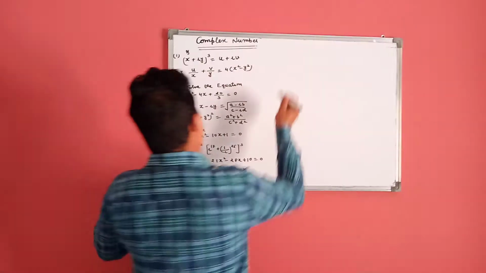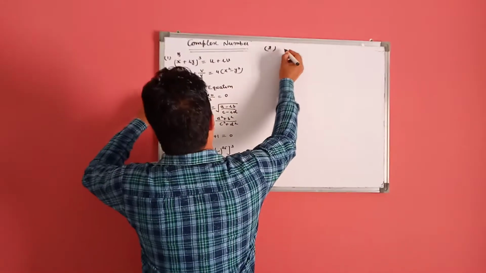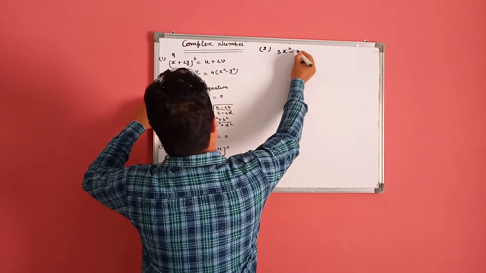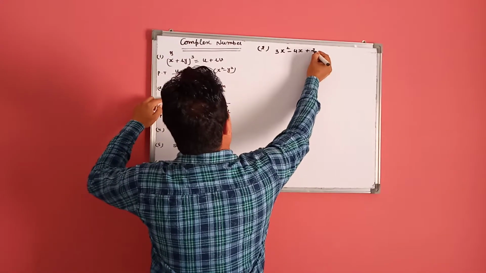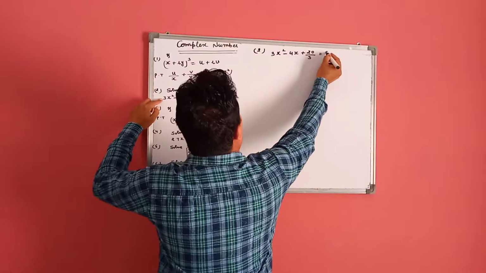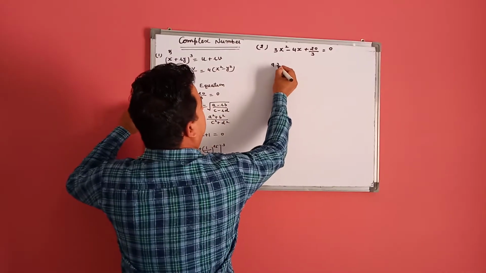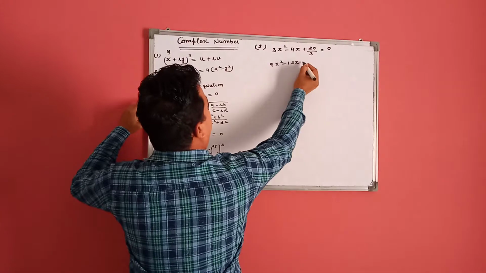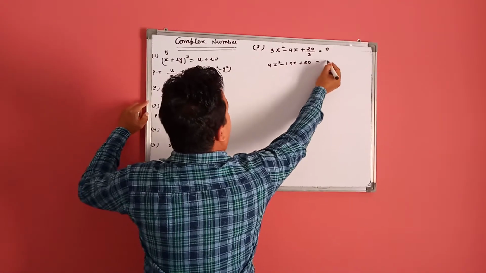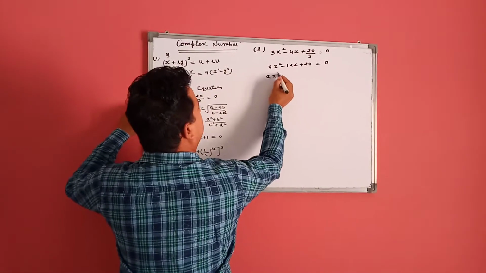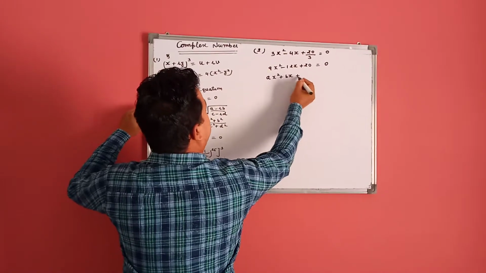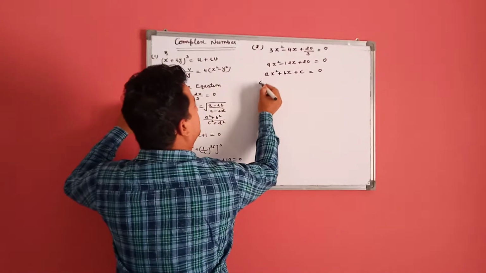The second question is: solve the quadratic equation 3x² − 4x + 20/3 = 0. Multiply this equation by 3: 9x² − 12x + 20 = 0. Compare this equation with ax² + bx + c = 0.